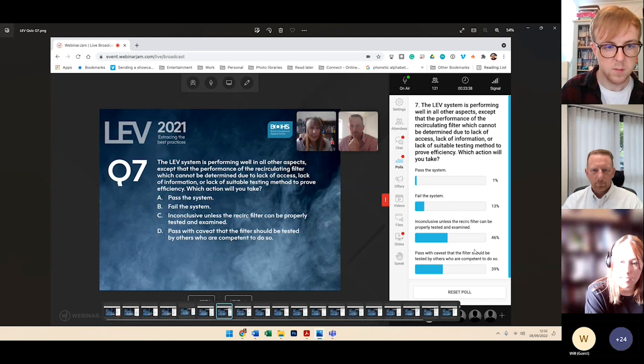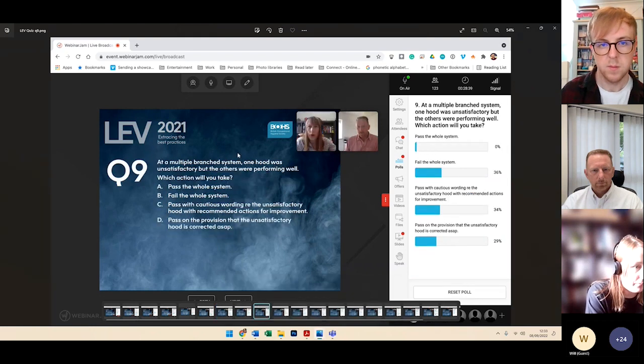There was a fair split there. A few would straight out fail it. Some would say inconclusive. Personally, I would say inconclusive. And then pass with caveat. So 40% of people would pass a system where they couldn't even look at the filter. Very interesting. Why that split? So that was one that caught our eye.